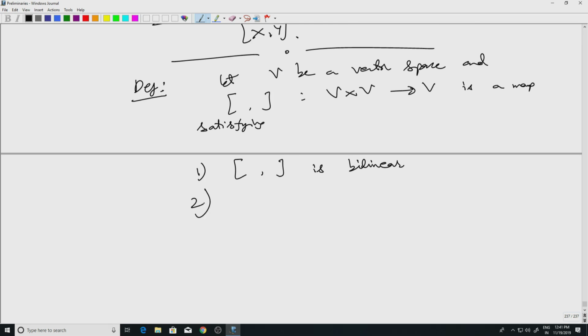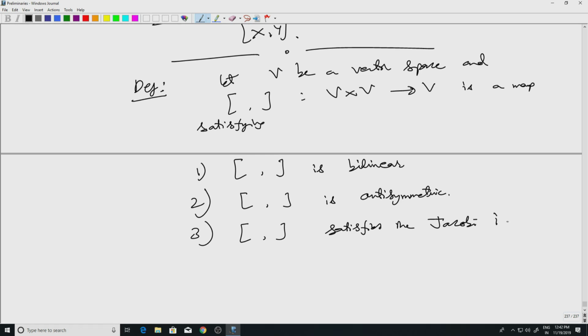Second, this map is antisymmetric: the Lie bracket of [x,y] should be equal to minus the Lie bracket of [y,x]. Third, this Lie bracket satisfies the Jacobi identity. Any such vector space V is called a Lie algebra.